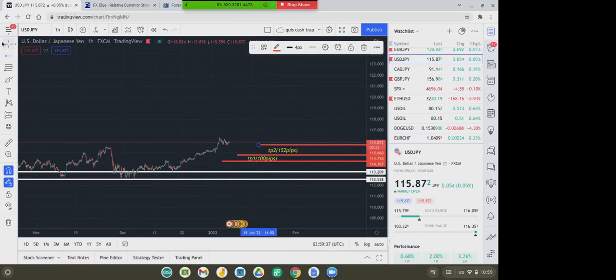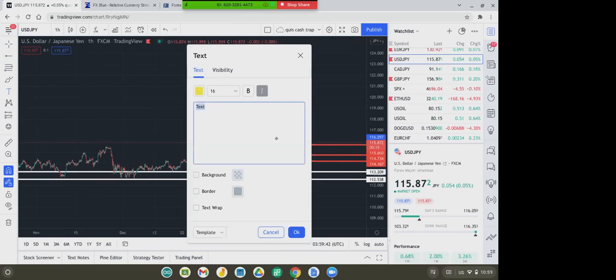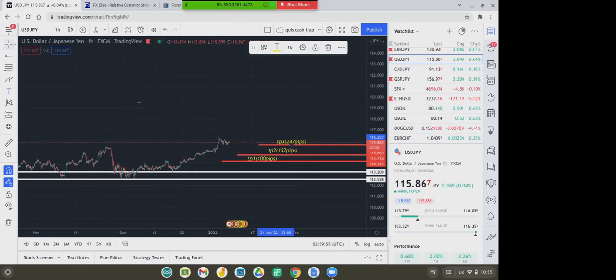Boom. Mark that out. TP3, 247 pips. Right. And we're going to do it like that.